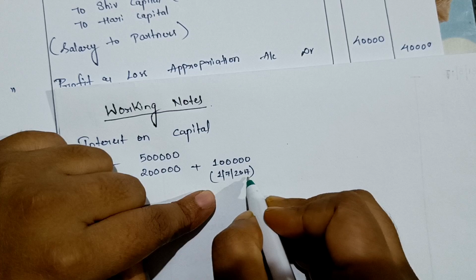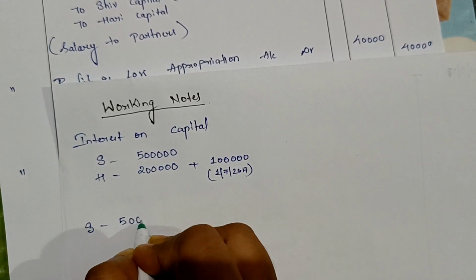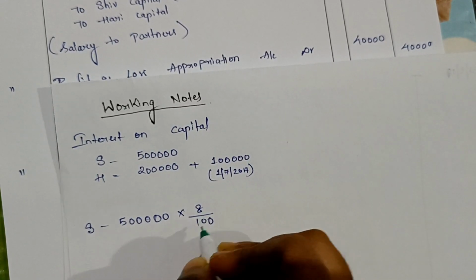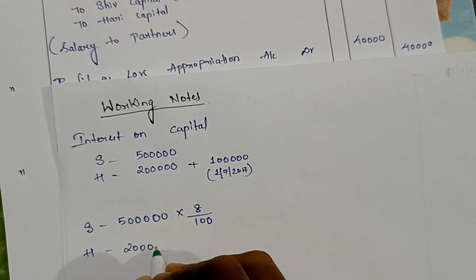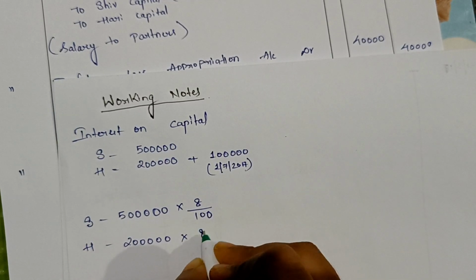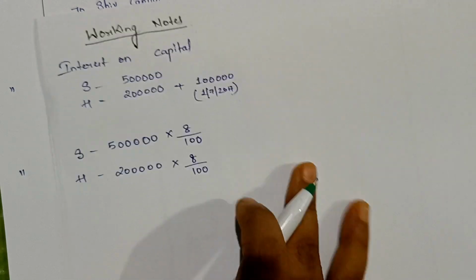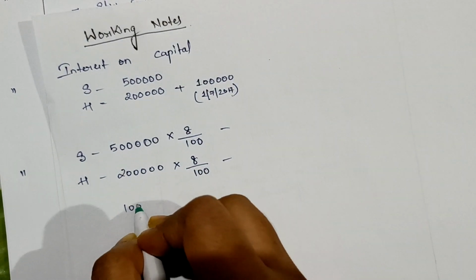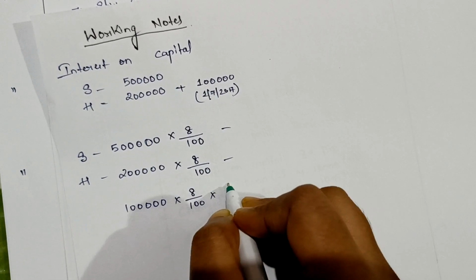So the calculation will be Shiv 5 lakh into 8 divided by 100, and Hari will be provided twice. First for 2 lakh at 8%, and next for 1 lakh at 8% for 9 months.